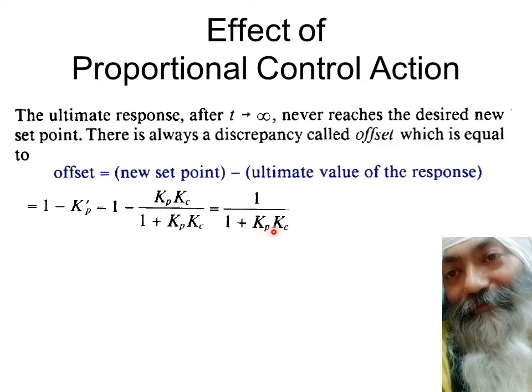Depending upon the gain, if the value of Kc is larger and larger, this entire term will be smaller and smaller. It means that the offset is becoming smaller and smaller. Ideally speaking, when Kc becomes infinity, this offset also becomes 0. Obviously, we cannot have Kc equal to infinity. Kc is the gain of the proportional controller, and we cannot have a gain more than, say, 100, 200, because you all have studied in control systems that higher gains lead to instability.